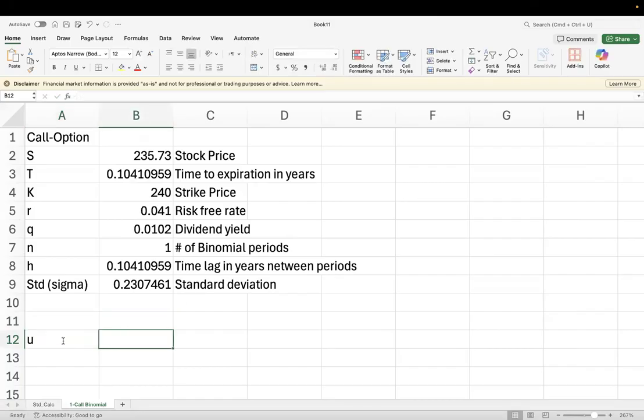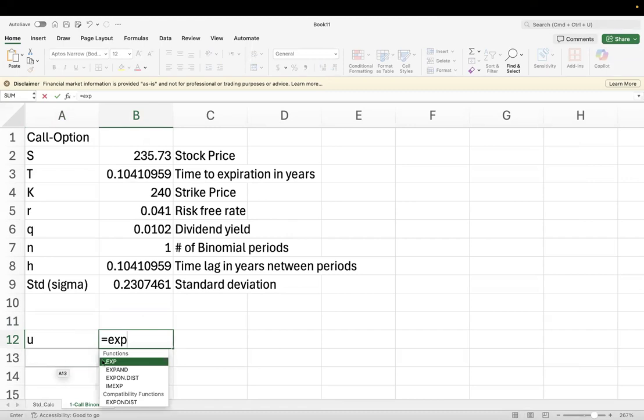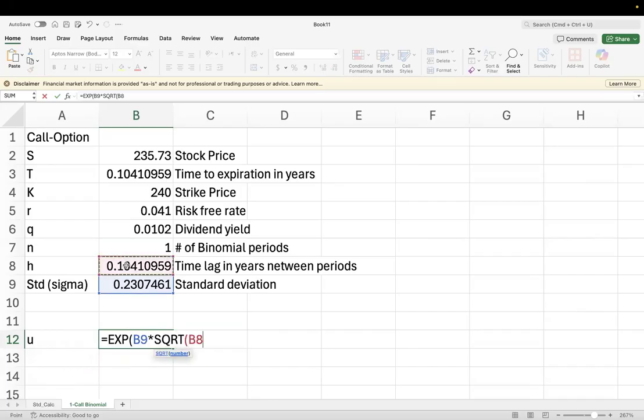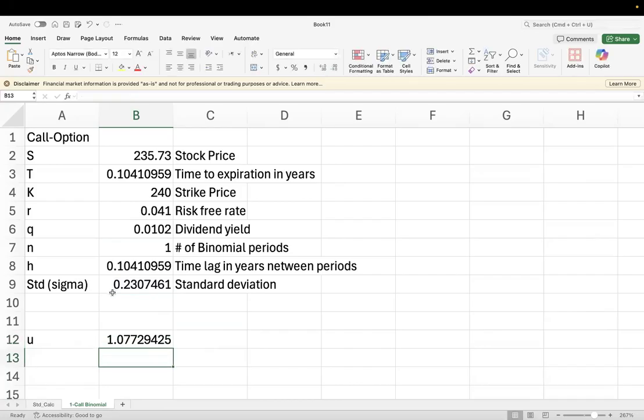U is EXP, exponential function of standard deviation times SQRT of H. Wonderful.